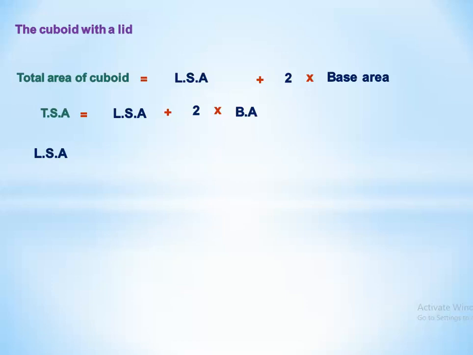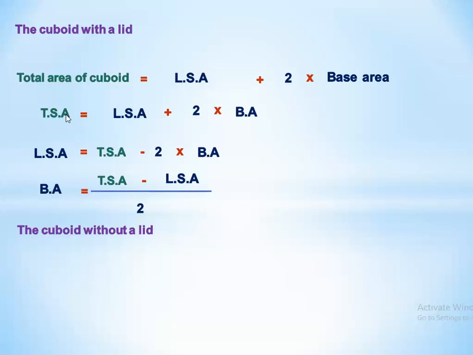If I want to calculate lateral area, do you remember the equations? It will be TSA, and this goes outside with a different sign, so it will be minus 2 times base area. But if I want to calculate base area, it means TSA minus LSA over 2.